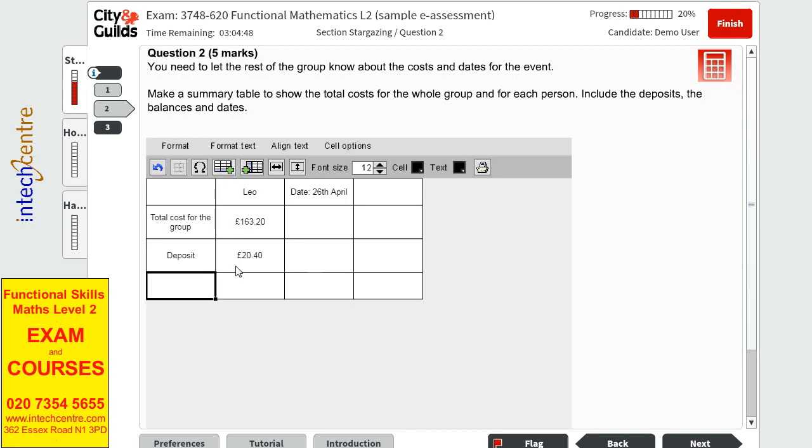We will need another row, so we'll have to click on this tool here. So it's giving us another blank row. We can put down the deposit balance.